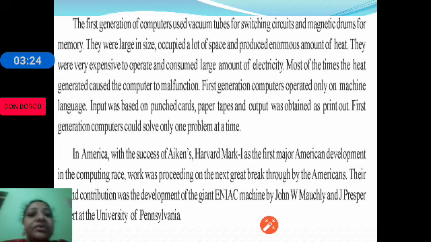In America, with the success of Mark I, it was the first major development in the computing race. Then comes ENIAC, which was introduced by John Mauchly and Presper Eckert at the University of Pennsylvania.